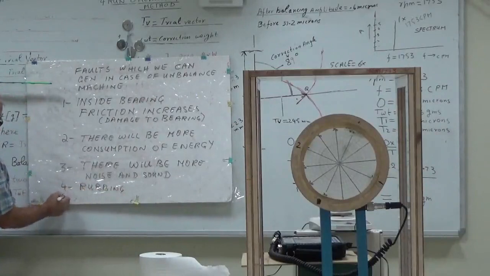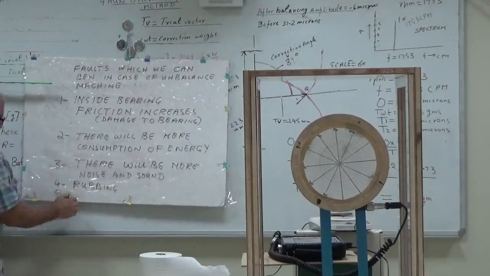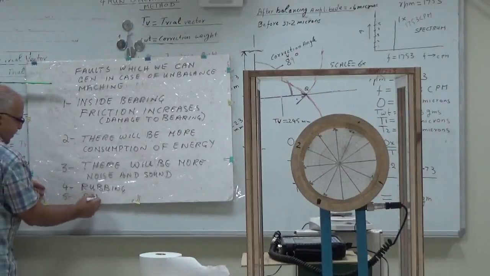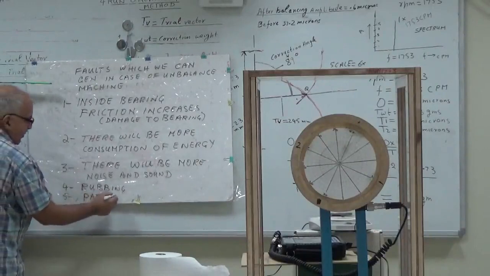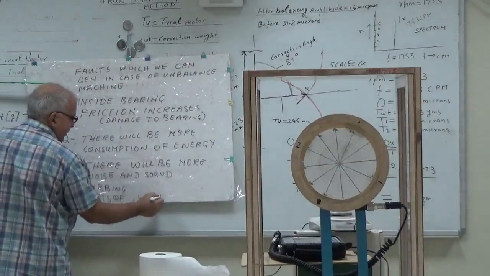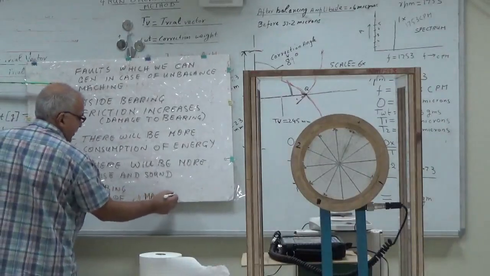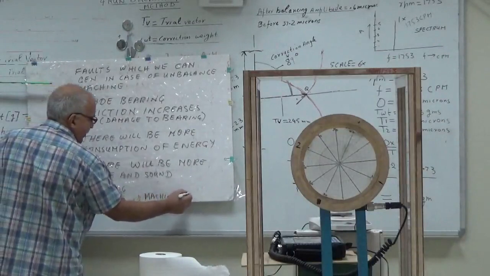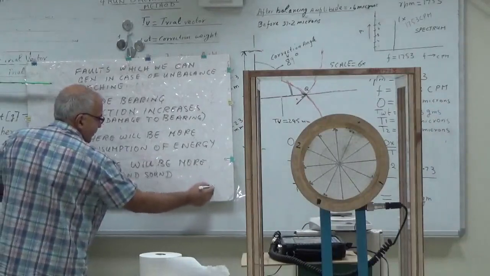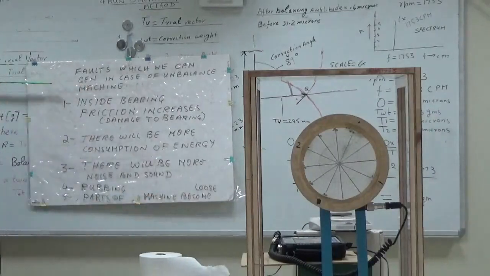And also due to more vibration, the parts of the machine can become loose. And also the seals, the mechanical seal and the bearing will be damaged.